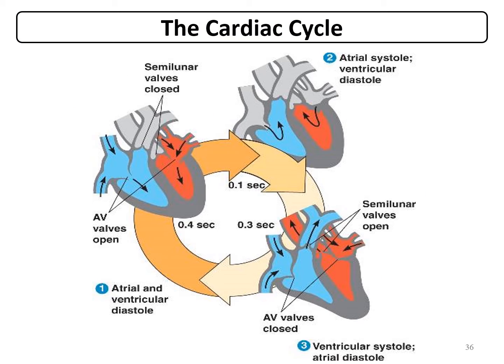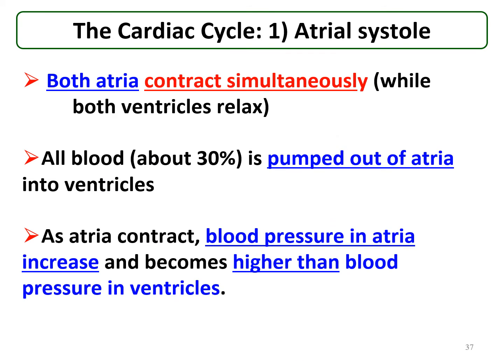According to this diagram, the explanation starts with atrial and ventricular diastole. Then the sequence goes to atrial systole, and the last one is ventricular systole. Let's look at the explanation.